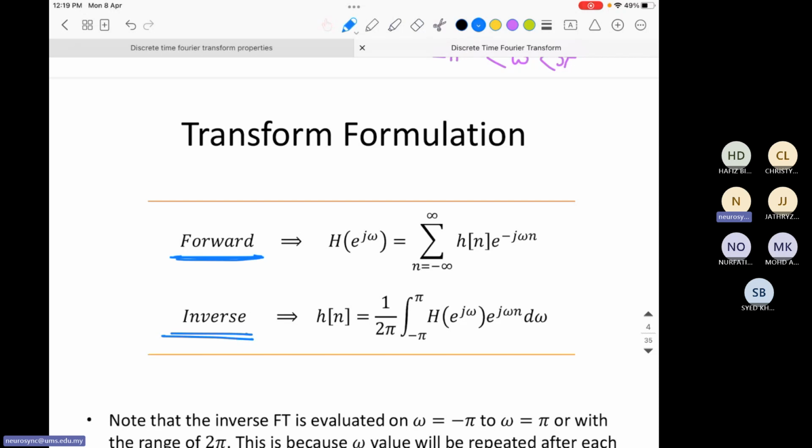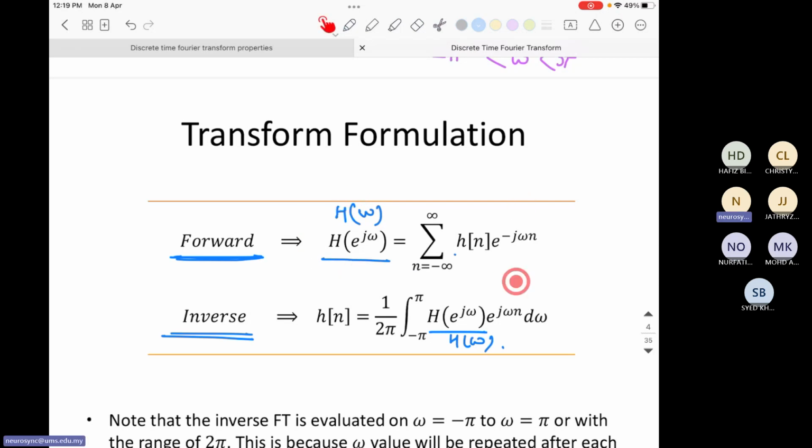So we'll get H of omega, or otherwise you can also write H of e to the power j omega, from h of n.